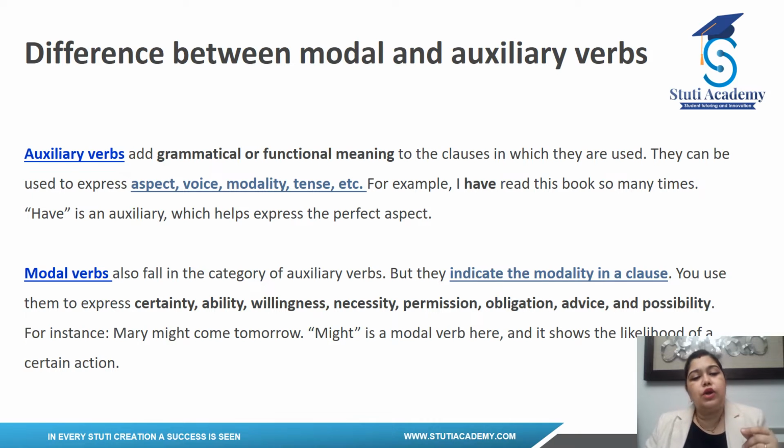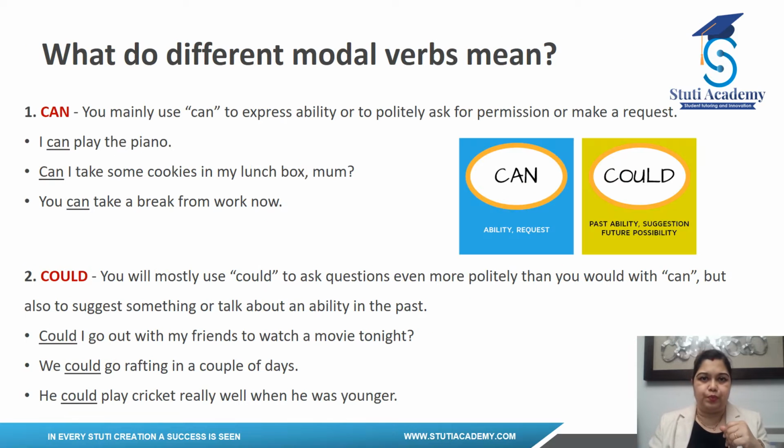So let's look at the example on the slide. Mary might come tomorrow. Now, we don't know whether she will come for definite or not. She might come tomorrow. Might is a modal verb because might expresses possibility, the likelihood of a certain action that will happen tomorrow.